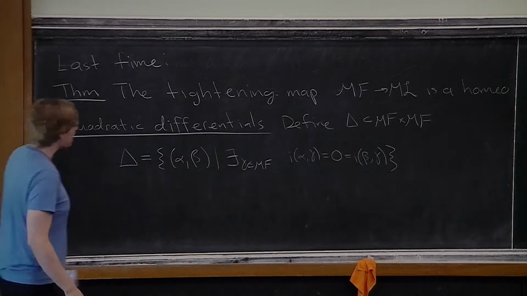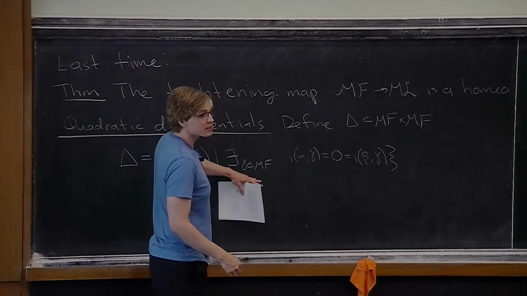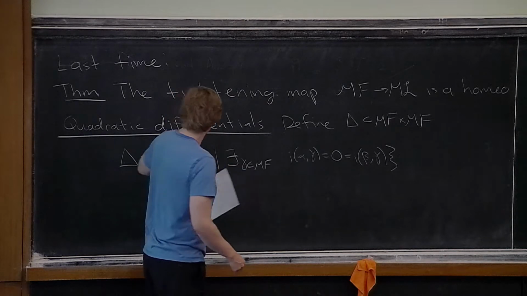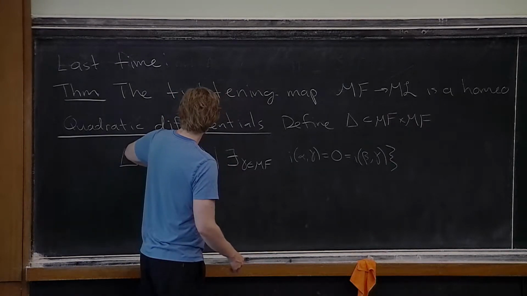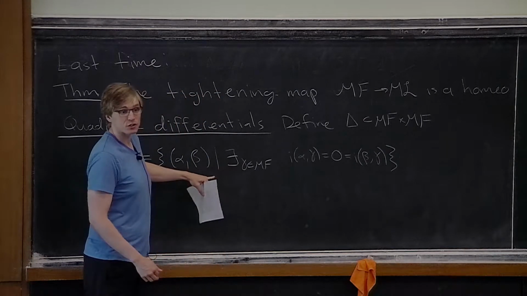OK, so you can imagine that gamma might be a curve. And if this was a curve somehow, it manages not to cross alpha, and it doesn't cross beta either.